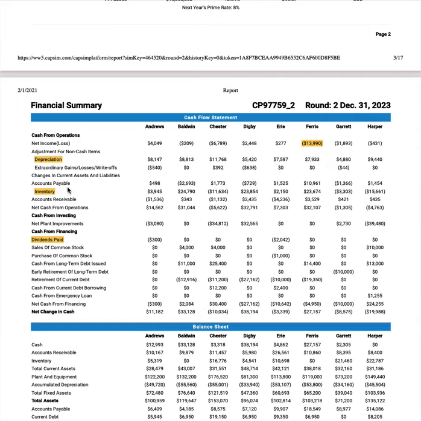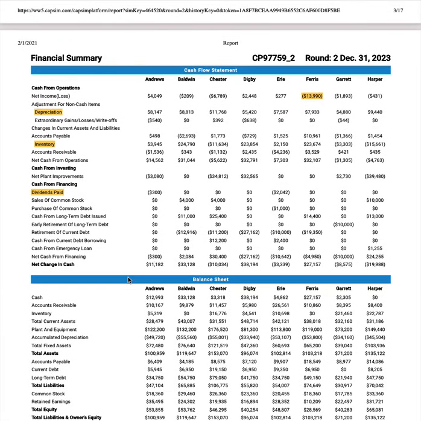Then we have the inventory. Some of the teams have excessive inventory, and that's negative cash flow, right? Because you have to pay money to store the excessive inventory. So good projection is very, very important in this simulation.